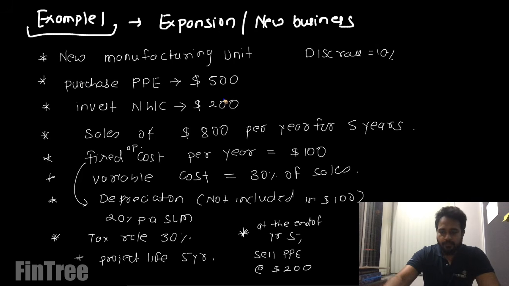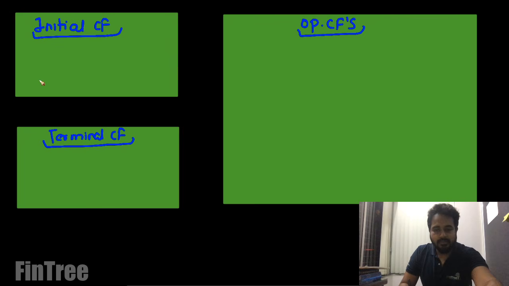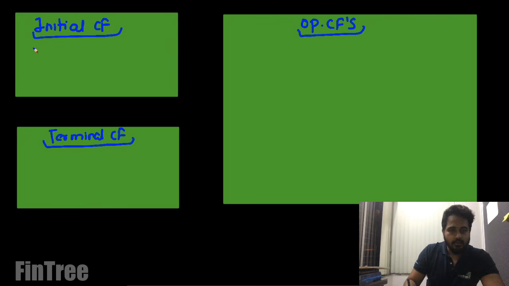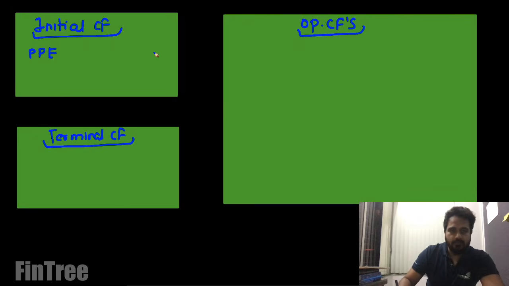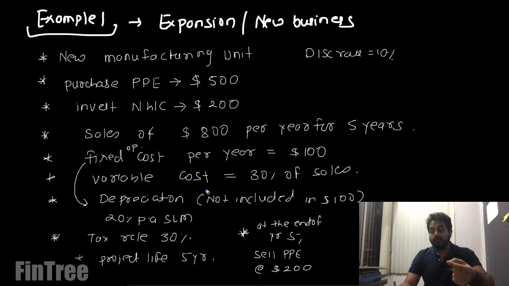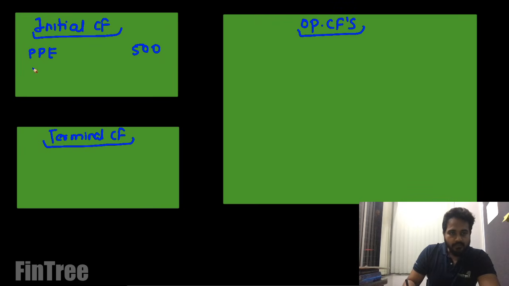We're starting a new unit. We have to buy the property, plant and equipment. So obviously that's going to be the first part. Let's see how much we have to invest. We have to invest 500 there. But it doesn't stop, because not only that, we have to invest into our working capital as well. So we have to invest in net working capital. What is net working capital?